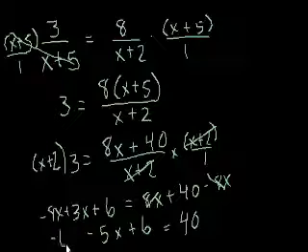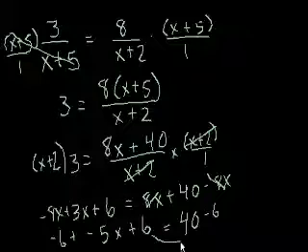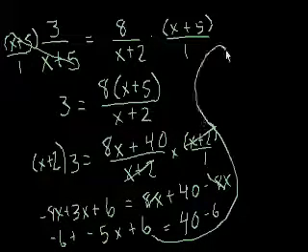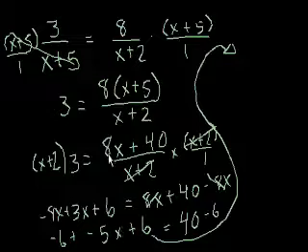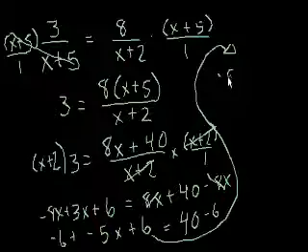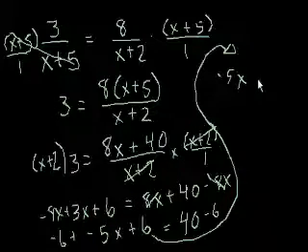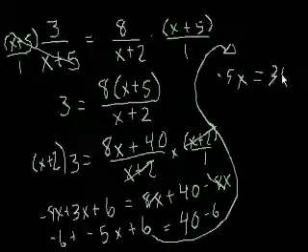Let me just write it out here. Minus 6, minus 6. And now I'm going to hope I don't lose you guys by trying to go up here. But if we subtract 6 from both sides, on the left-hand side, we're just left with minus 5x equals, and on the right-hand side, we have 34.